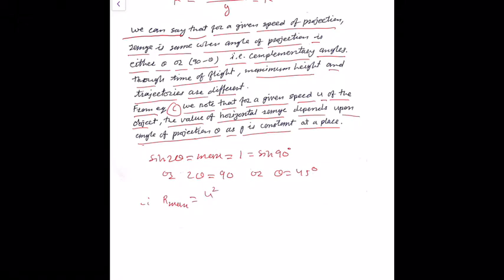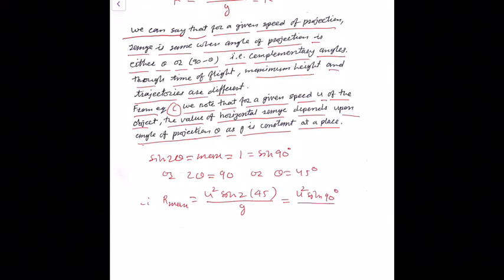Therefore, R maximum is equal to u square sin 2, put the value of theta 45, upon g, or R maximum is equal to u square sin 90 degree upon g, since sin 90 degree is equal to 1.